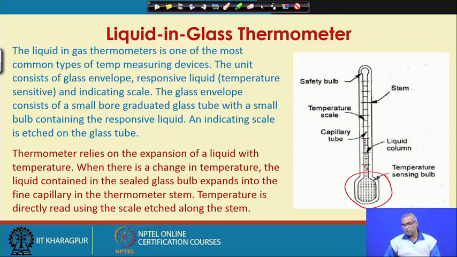So, there will be restricted thermal expansion, a pressure will be developed, and that will cause the liquid level to be pushed up in this capillary. So, a scale is etched directly on the capillary or the stem of the thermometer, and we directly read the reading from the scale.